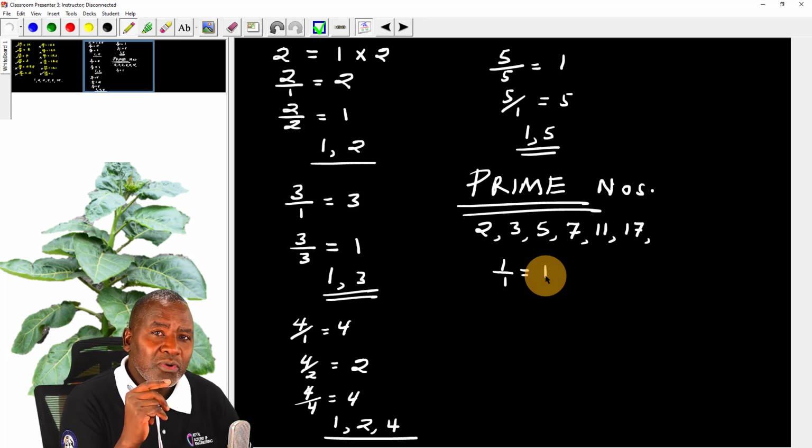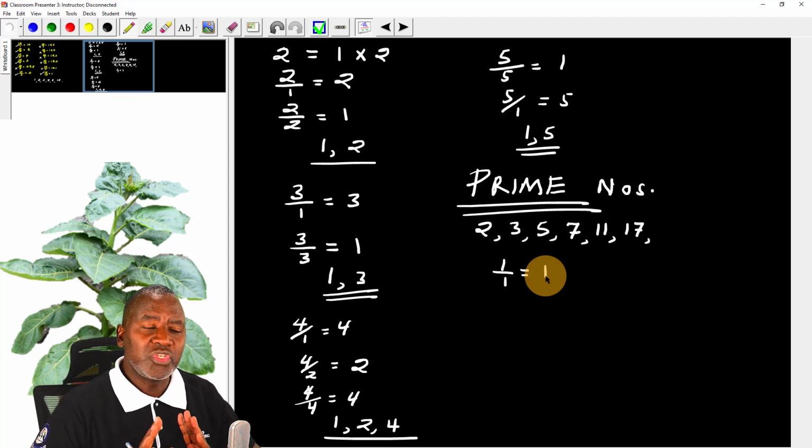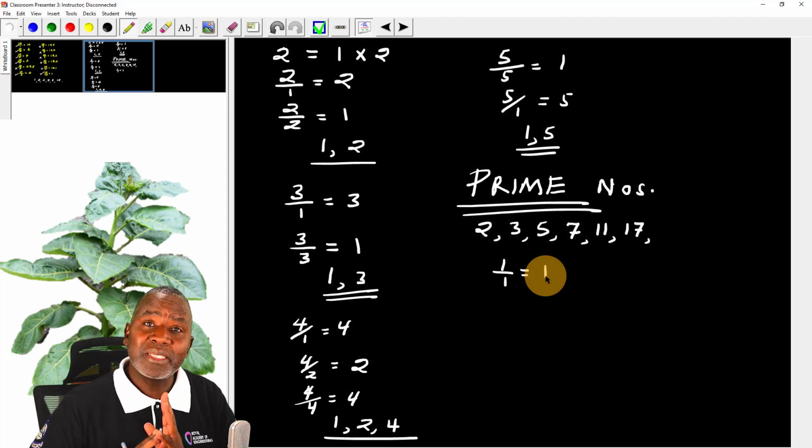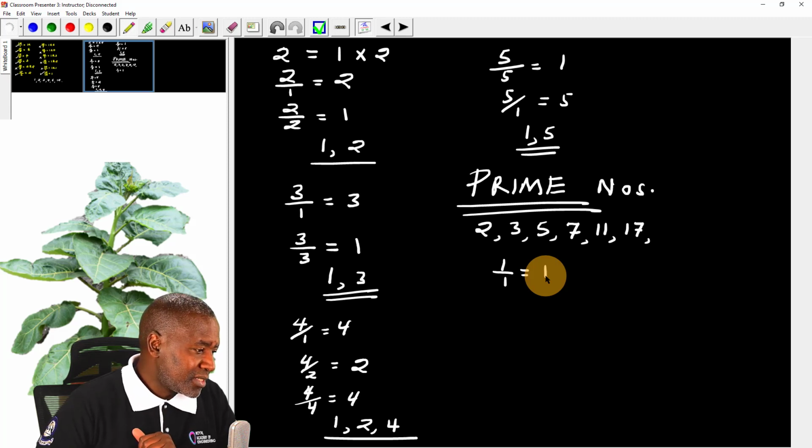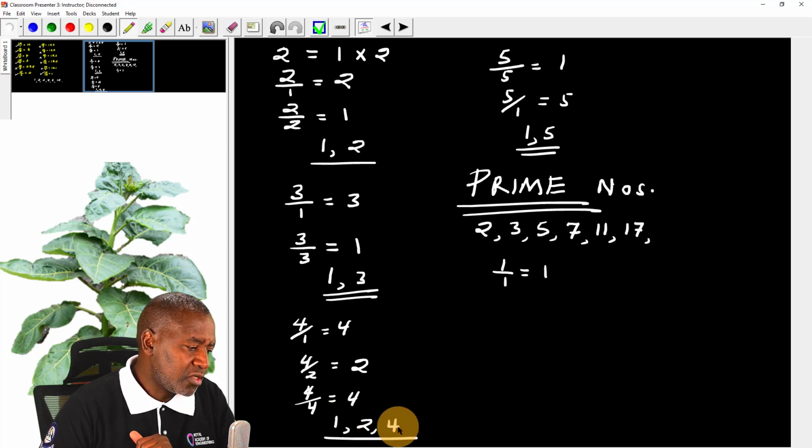Now, how about those other numbers which are not prime numbers and it's not 1? They've got more than two factors. A number such as 4. It's got 3 factors.